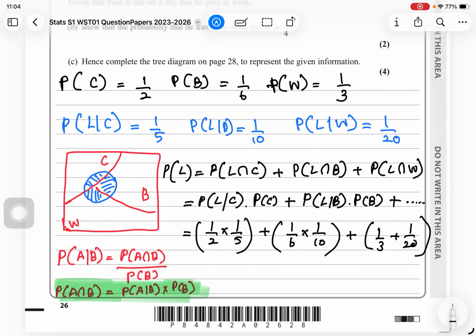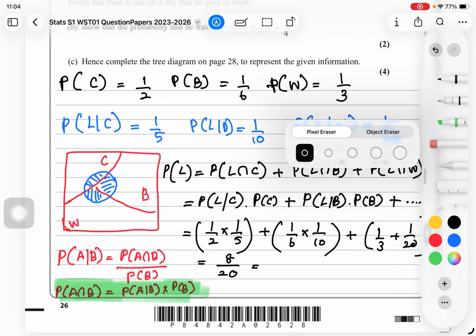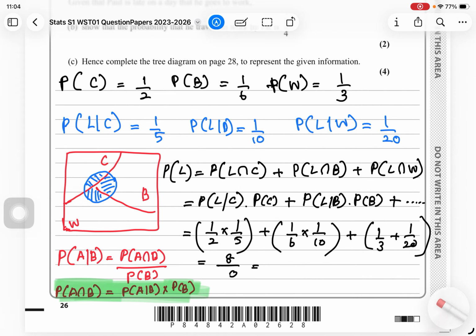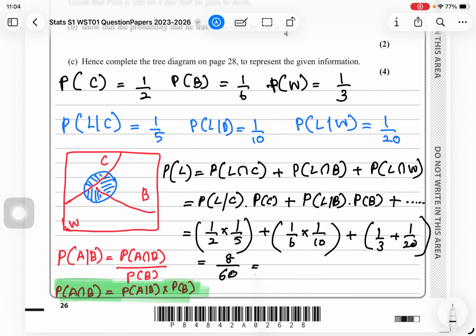These are the 3 options we have. So the probability is going to be 8 divided by 60, which gives you 2/15. So the probability of being late is 2/15.